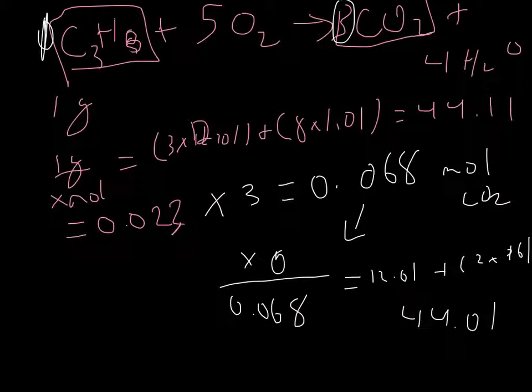So now we just solve for x. Multiply each side by 0.068 to give you 2.99 grams of CO2. So there you have it.